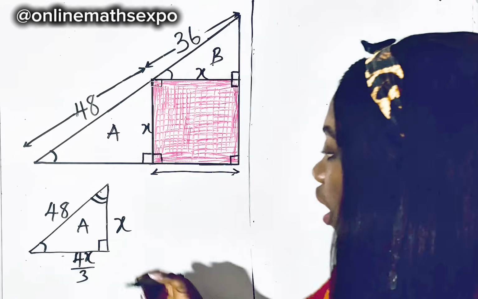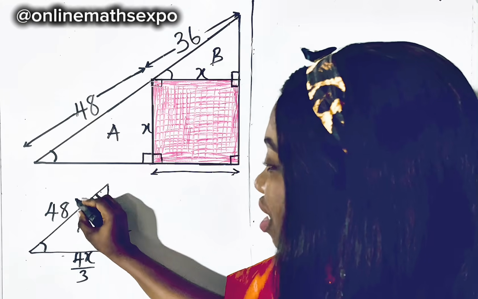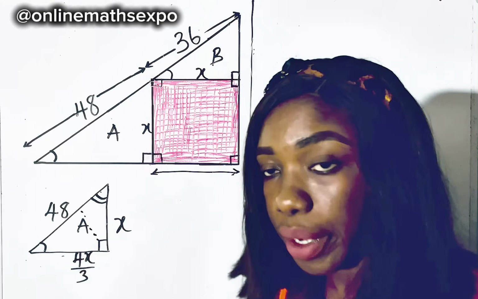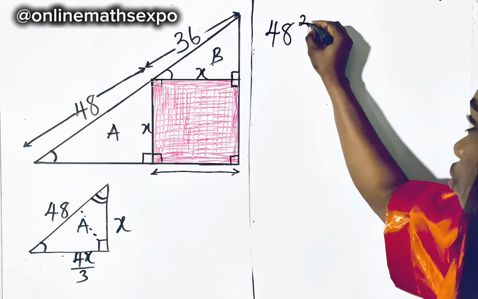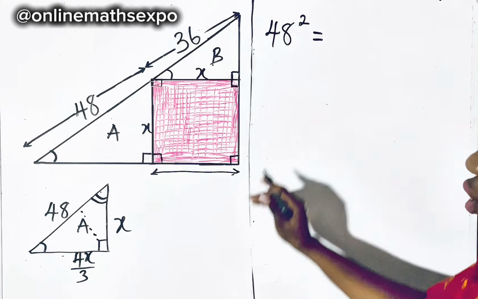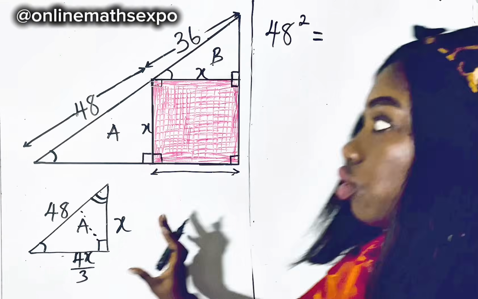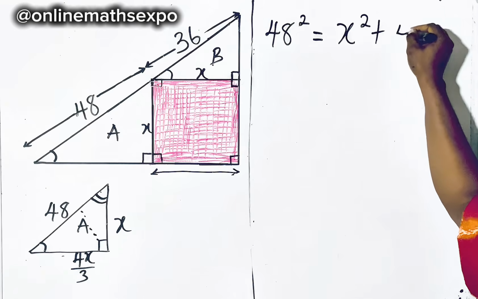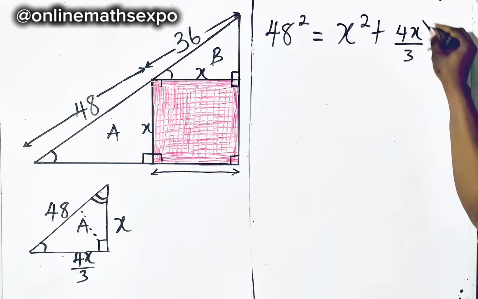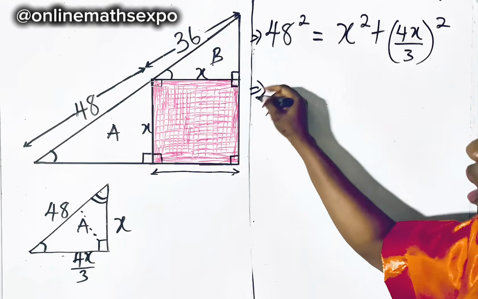So this side that is opposite to the right angle is always the longest side. Using your Pythagorean theorem, you are going to square it, and that will give us 48 squared is equal to the square of these two legs summed. So you are going to have x squared plus 4x divided by 3, squared. Now what should we do next? We are simplifying this.